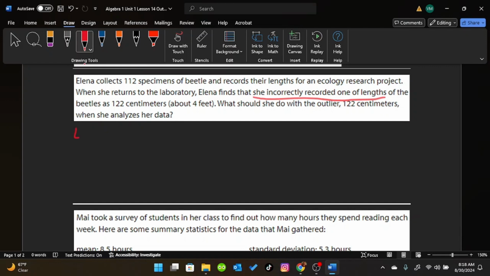So Elena should remove the outlier because she knows it was a mistake.